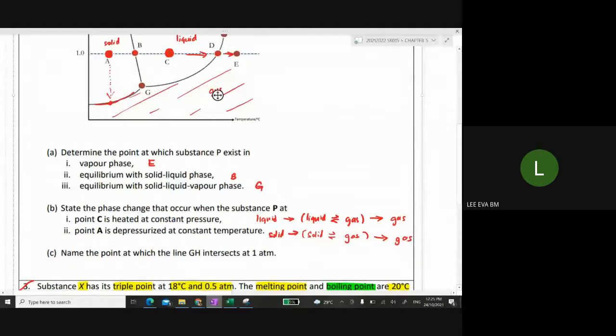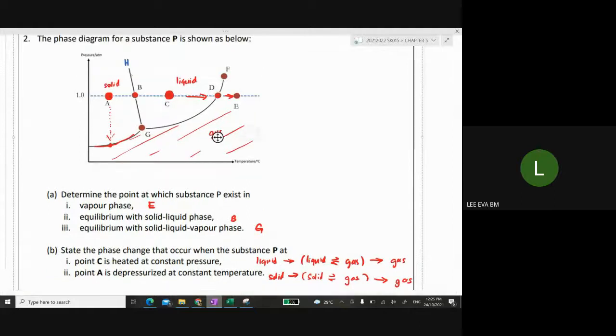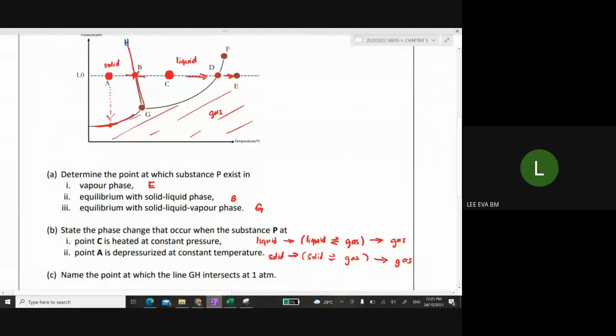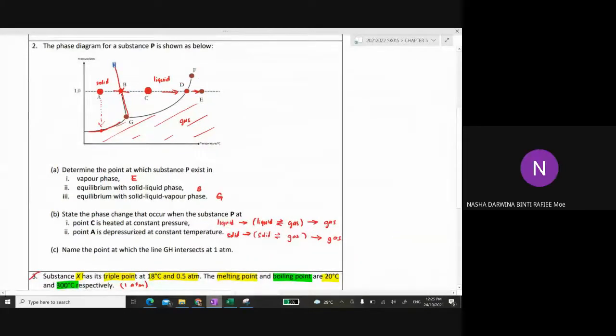What is the name of the point when you have the line GH, this line, intersect at 1 ATM, which means it's your point B. So what do you call this point? Ada clue tak? Ada highlightkan clue untuk awak ya? Freezing point. Okay. Ada highlightkan 1 ATM.